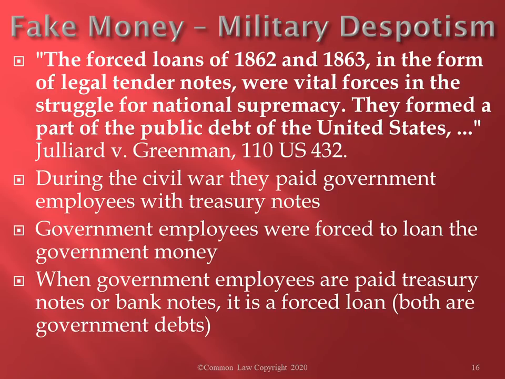How did you pay the debt today? If you paid it with Federal Reserve notes, you're in the national jurisdiction. They form a part of the public debt of the United States. During the Civil War, they paid government employees with treasury notes. Government employees were forced to loan the government money. When government employees are paid with treasury notes or bank notes, it's a forced loan. Both are government debts.